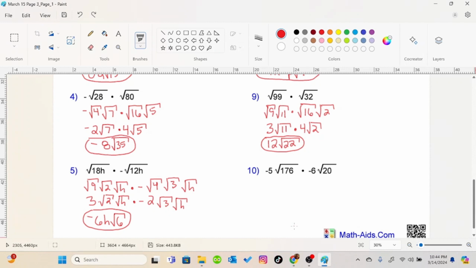Our final problem on page 3, number 10. The square root of 176 is the square root of 16 times the square root of 11. And the square root of 20 is the square root of 4 times the square root of 5. The square root of 16 is 4.